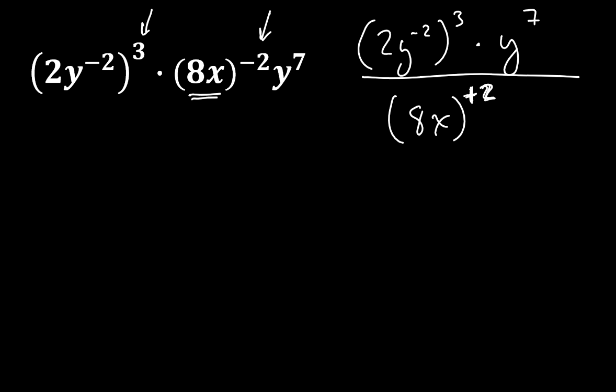The denominator, it's an 8x times an 8x, which is 8 times 8, 64x squared. So in my denominator, that 8x to the second power is 64x getting squared. There's still a y to the 7th power. Let me put that y to the 7th power in the numerator. And then also in the numerator, let's deal with this.